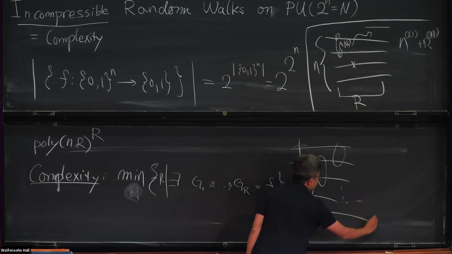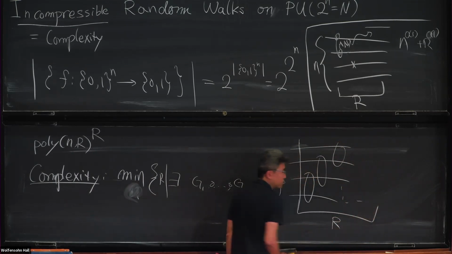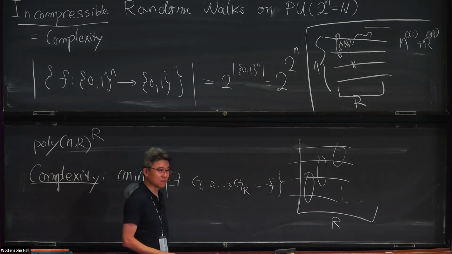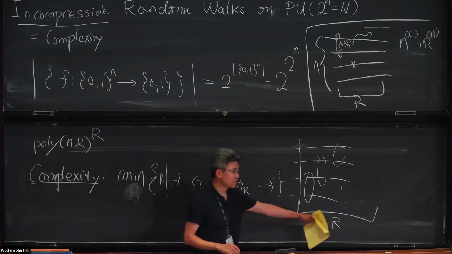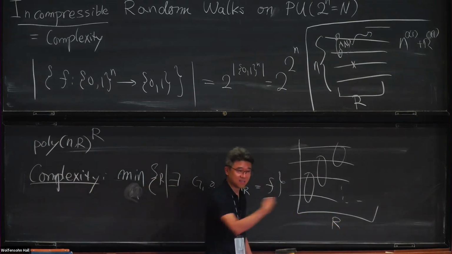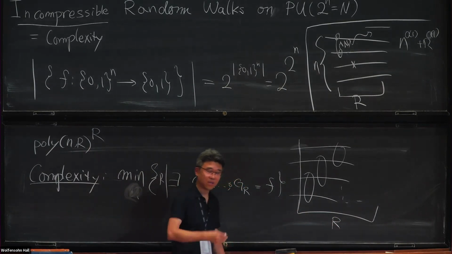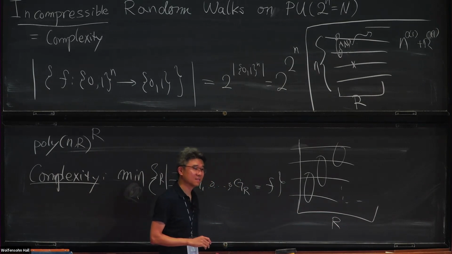I keep doing this for r number of times. And then you ask, okay, you have implemented an instance of a random circuit. What's the complexity of this circuit? The upper bound is obviously r, because you have implemented it exactly by r gates, but is that the best? Can you compress it a little bit?